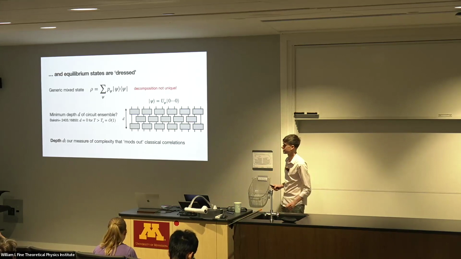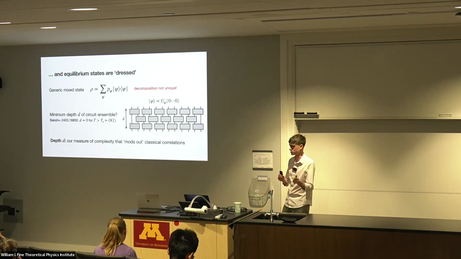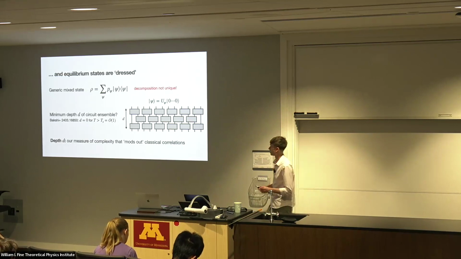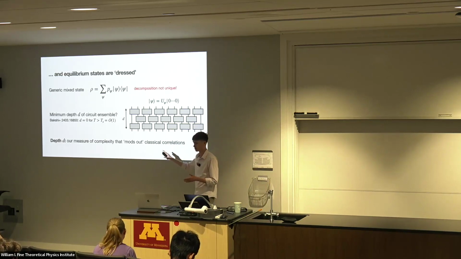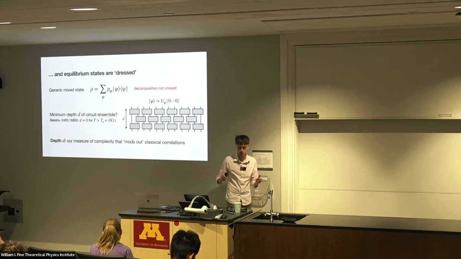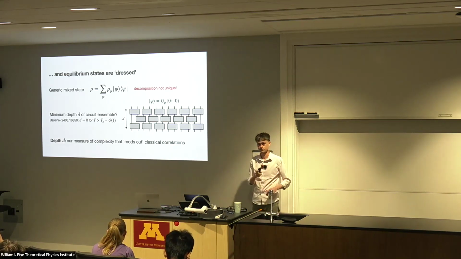If we took, for example, some classical spin glass, where there are correlations between the spins, but these correlations are extremely complicated at low temperatures, the depth for that classical spin glass is still going to be 0, right? So we're just seeing the amount of dressing on top of the classically correlated background.